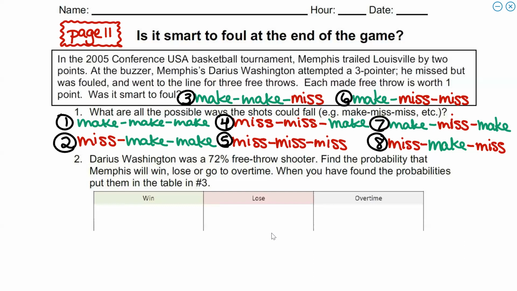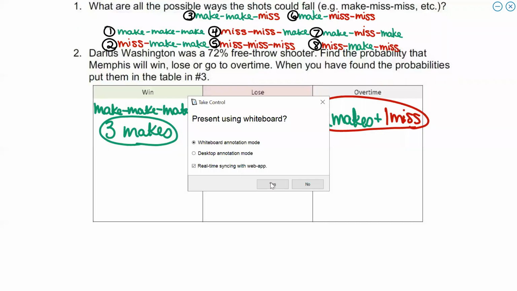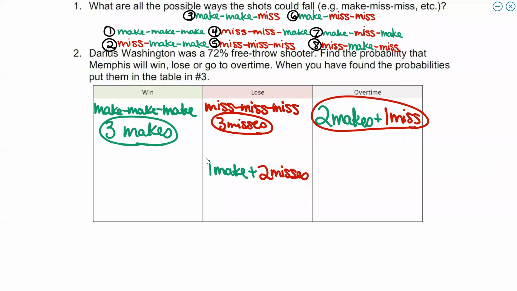All right. Let's try to calculate some probabilities here. We said that Darius was a 72% free throw shooter. What's the probability that they win the game?